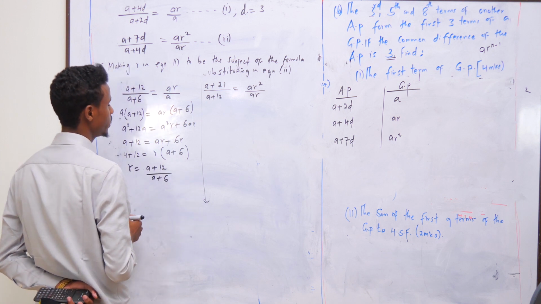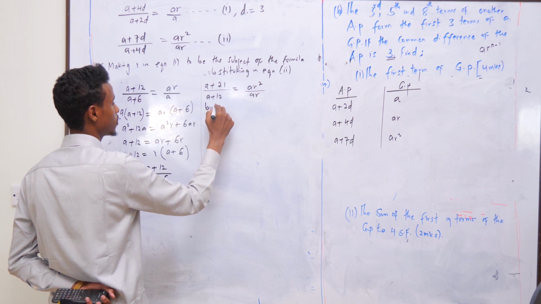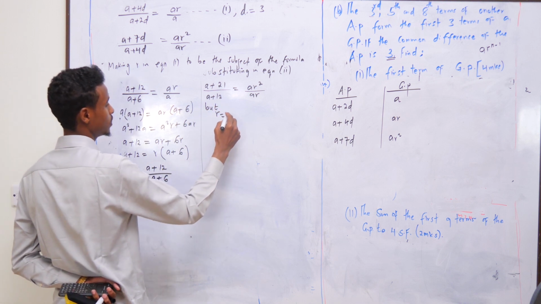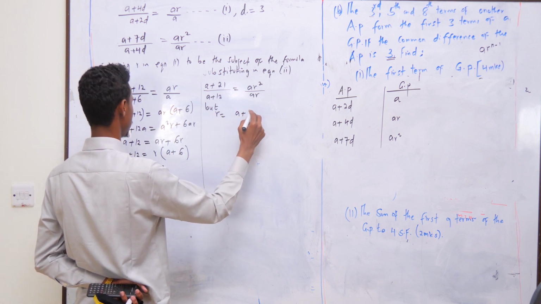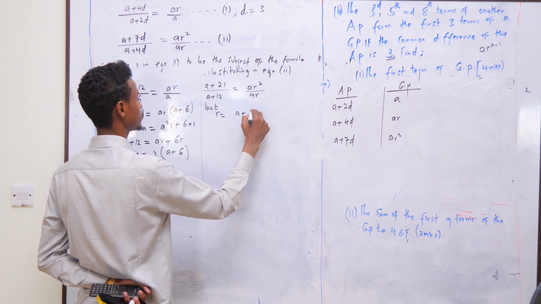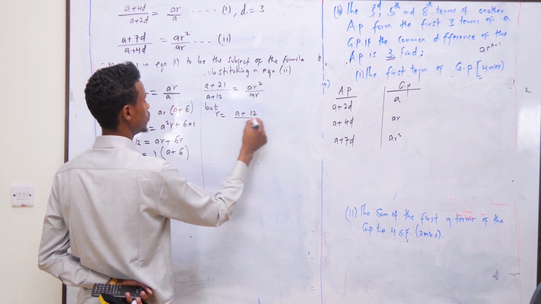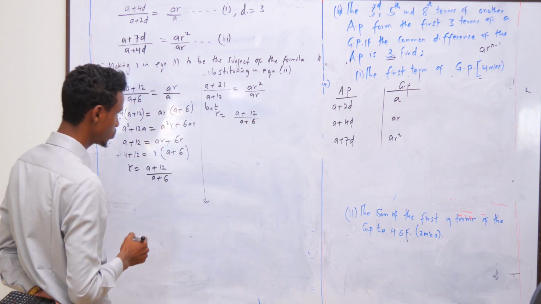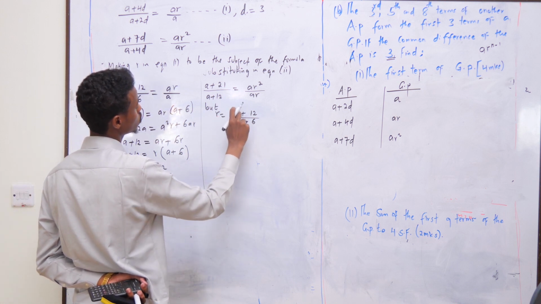Good. Again, we have A plus 21, but R we got it what? What was our R? A plus 12 divided by A plus 6. Good. Now let's do this one very quickly. R is equals to A plus 12 over A plus 6.